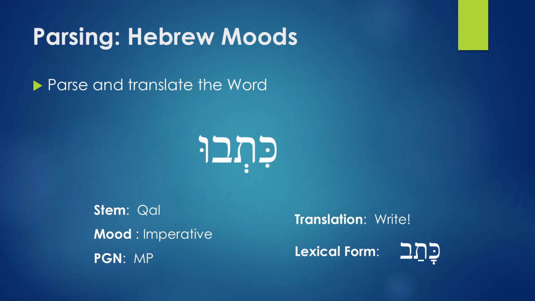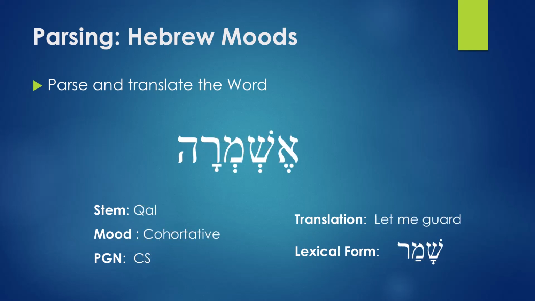Imperative is already known to be second person. The jussive is already known as third person. So there's no need of putting person. Just show the gender and the number. So you have masculine plural. If you check the chart for the imperative, you're going to find that u ending is on masculine plural. So since it's coming from katav, meaning he wrote, the imperative becomes write, a command. All right, let's move on.